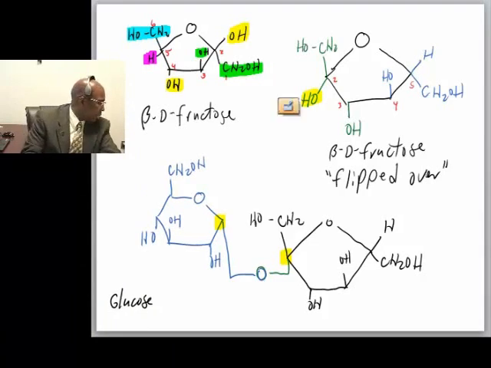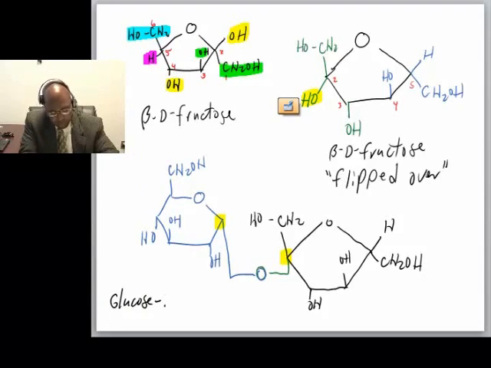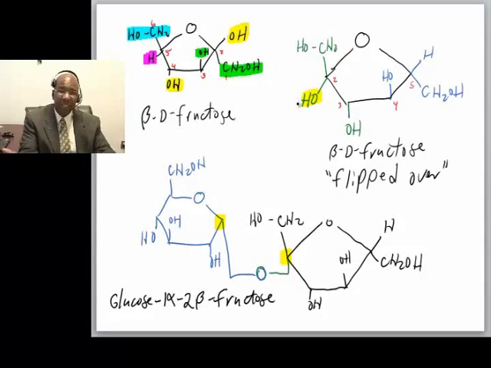The one carbon of glucose is alpha, and it's connected to the 2 carbon of fructose, but I need to distinguish, is it alpha or beta? Since we flipped it over, this is now beta, even though it's going down when you look at it. It's beta because we flipped it over. So it's glucose 1 alpha, 2 beta, fructose. And that's the name of this disaccharide.